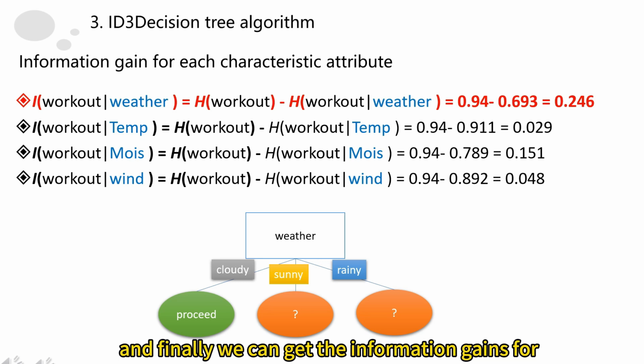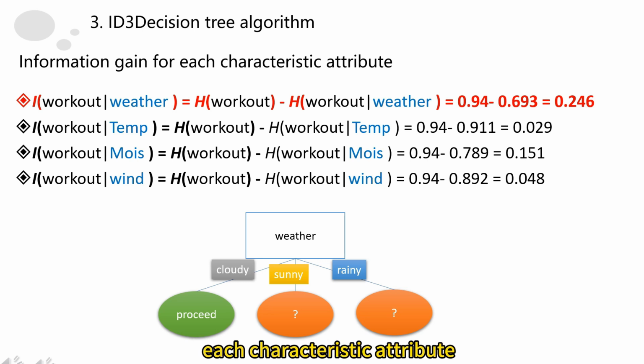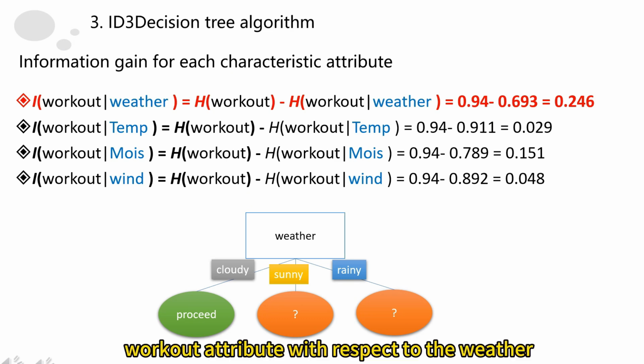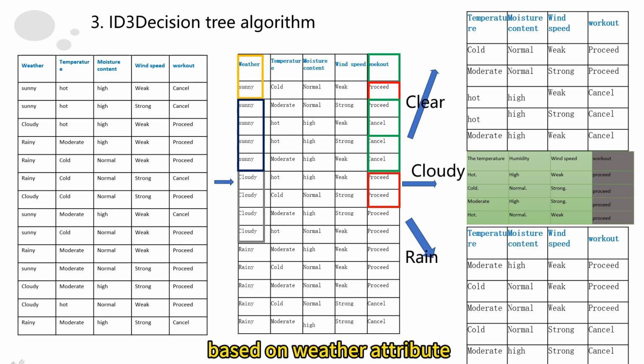Finally, we can get the information gain for each feature attribute, and we find that the attribute with the highest information gain is the weather. Then, based on the weather attribute, we divide the data into 3 sections according to the levels of the attribute, which are clear, cloudy, and rainy.